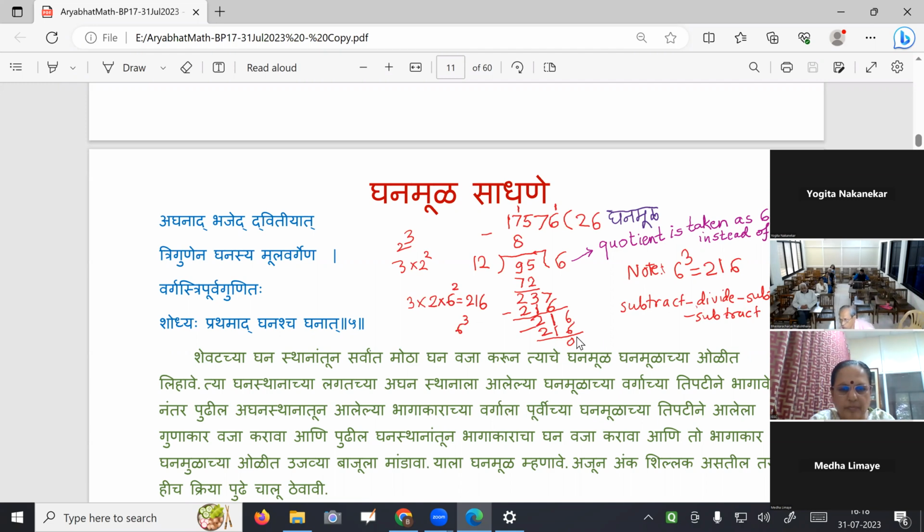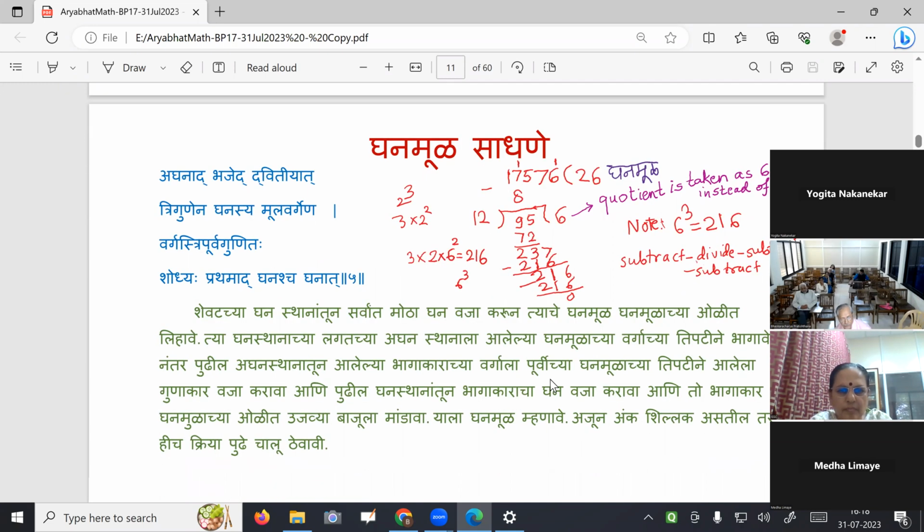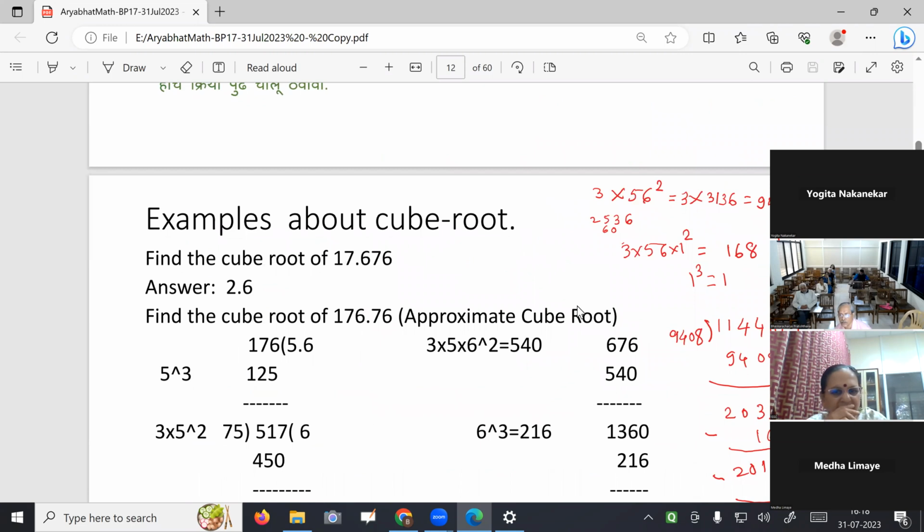So now this is another example, but where even if there is a decimal point somewhere and the number is not a perfect cube, the method is the same wherever you work. So from this Ganasthana you have to decide, because it's 176.76.